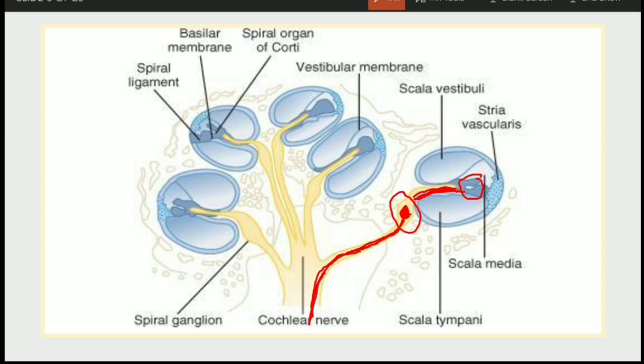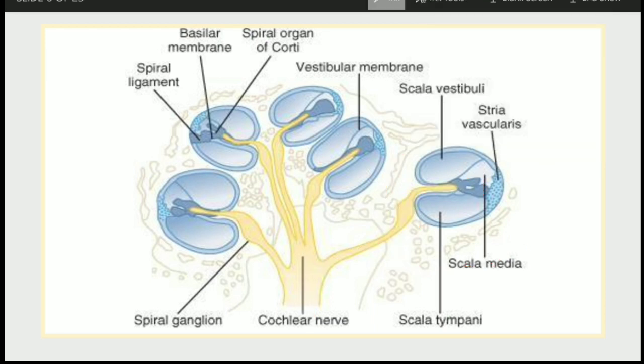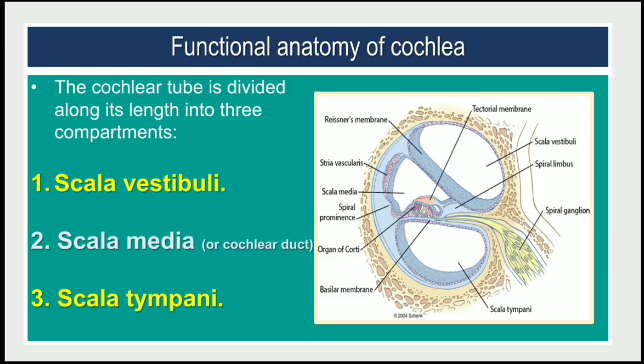Now further enlarging, if you further enlarge the structure and see these compartments in detail in the next slide, the cochlear tube is divided along its length into three compartments, as I told you earlier. Number 1, scala vestibuli.